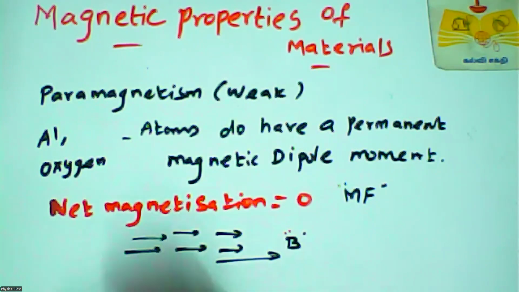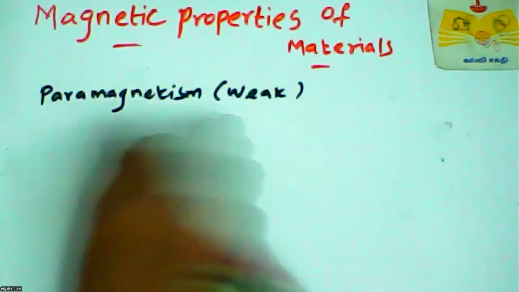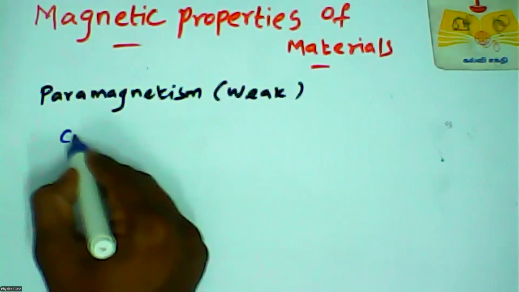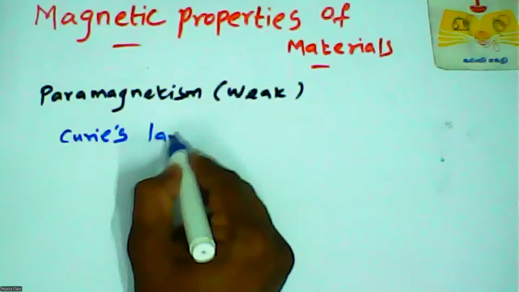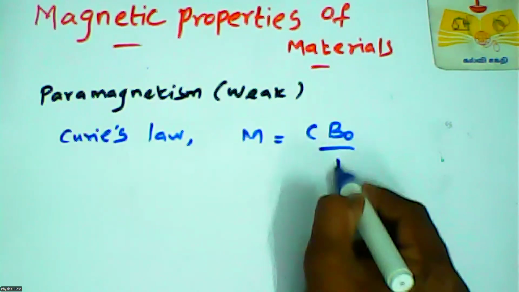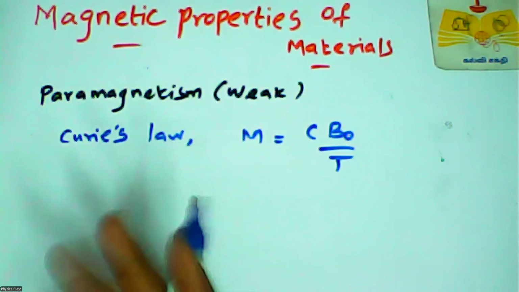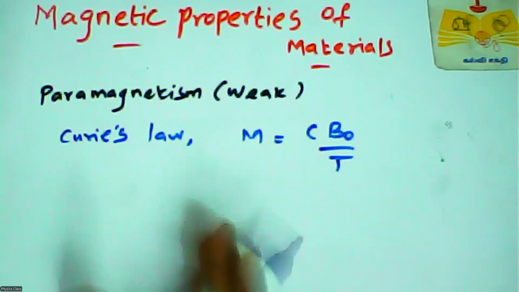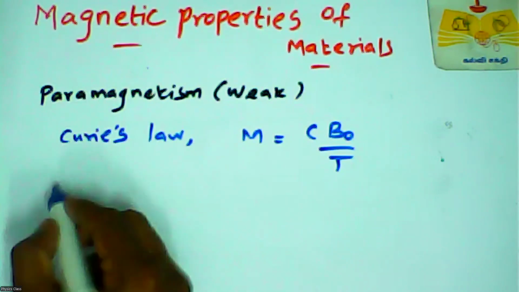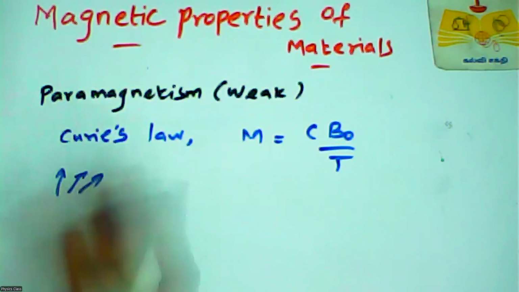Temperature dependence. Curie's law tells us the magnetization is inversely proportional to the absolute temperature. This means that if you heat a paramagnet, its random thermal motion increases, so its magnetism weakens.